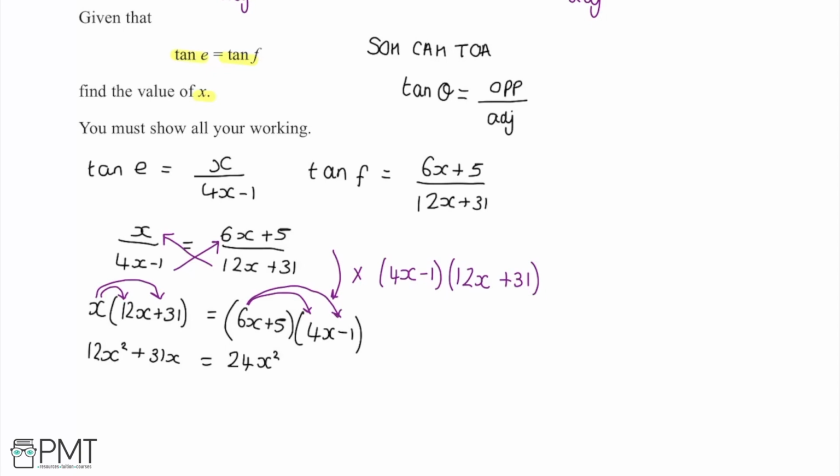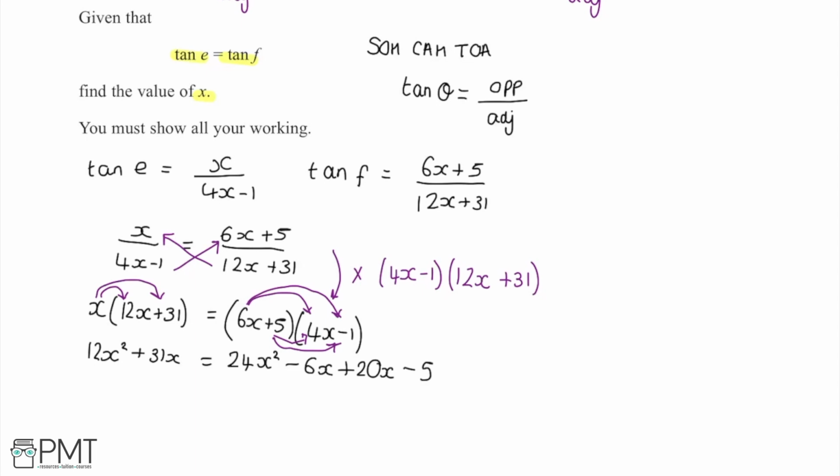So 6x times minus 1, I'm going to do minus 6x. Now moving on, we have 5 times 4x, and that gives us plus 20x. And then finally, we just do this last one, 5 times minus 1 gives us minus 5.